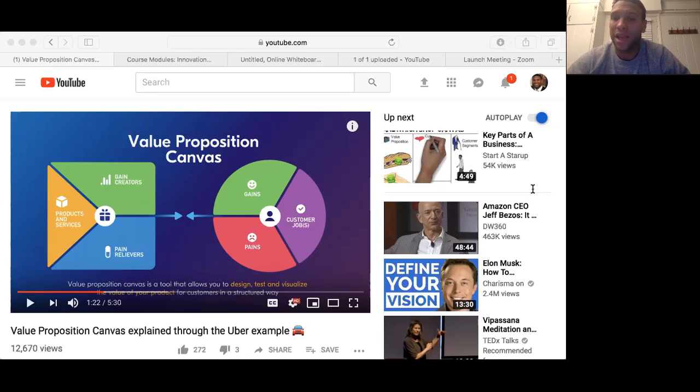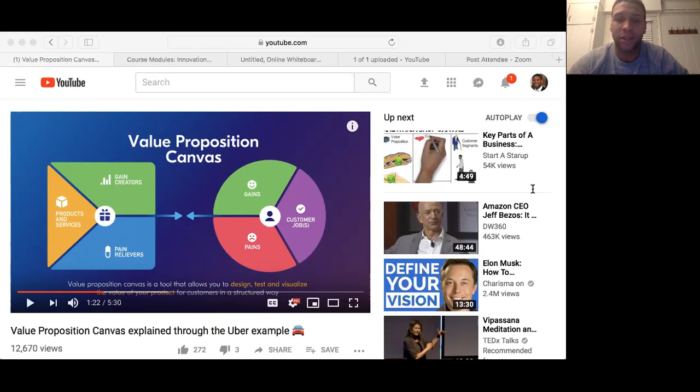A couple questions that we ask ourselves: how are we creating value for the customers, and why do they want to use our products or services? Again, what this value proposition canvas allows us to do is identify how well our product or service aligns with the customer's needs.